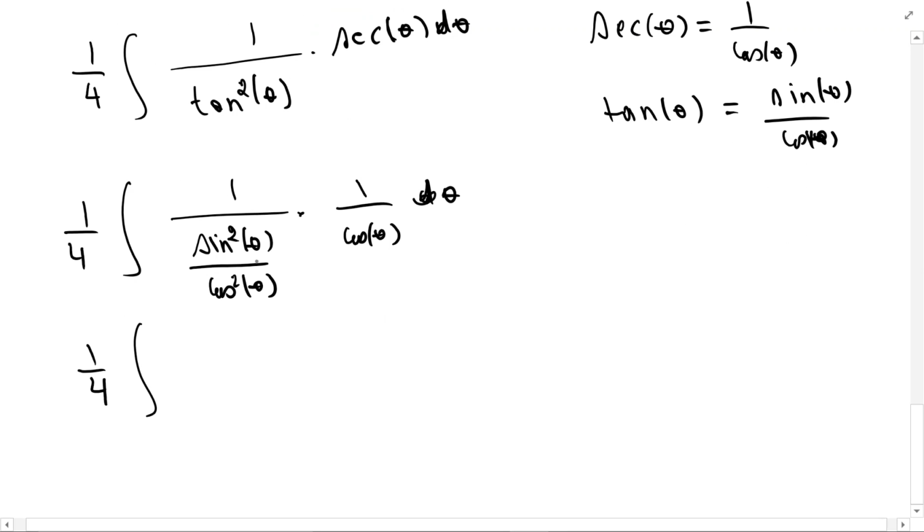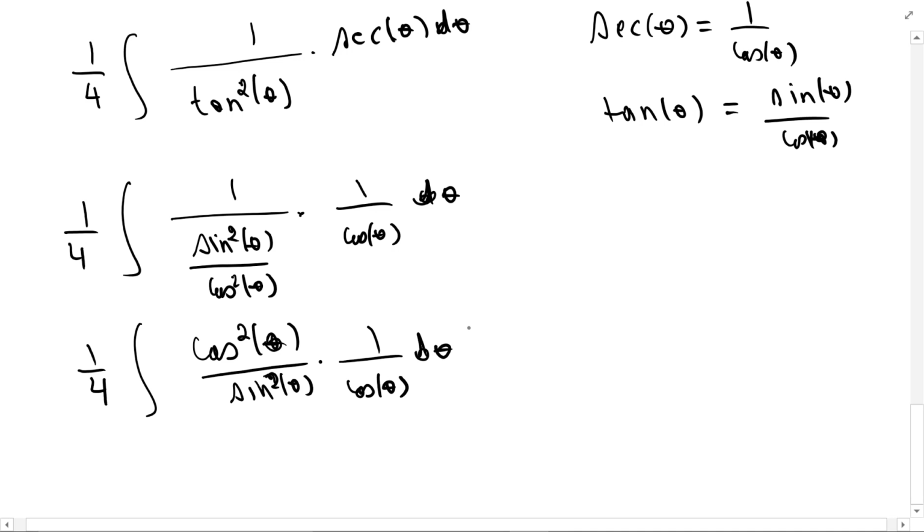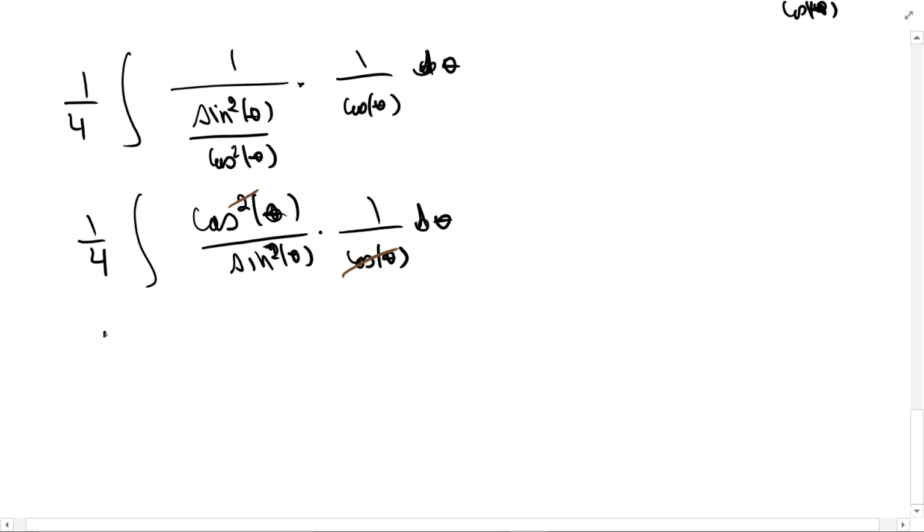You take 1 divided by sine squared theta over cosine squared theta, which is cosine squared theta over sine squared theta, and then times 1 over cosine theta d theta. Now we can simplify one cosine, and that gives us 1 over 4 times cosine theta over sine square theta d theta.